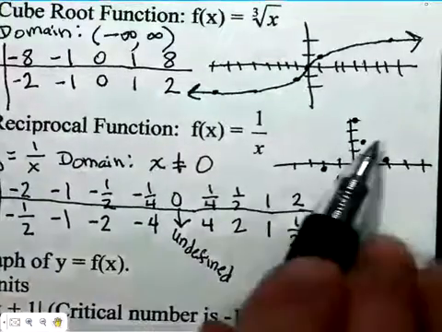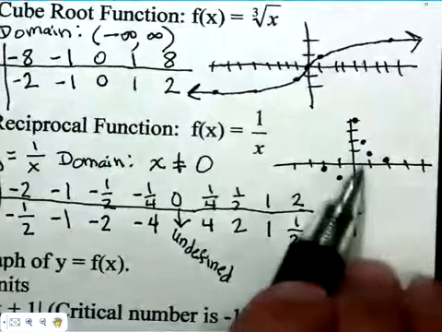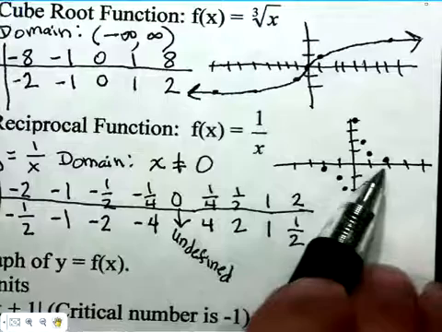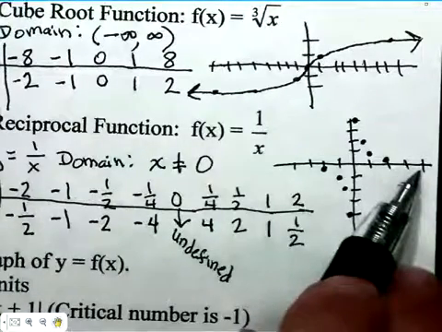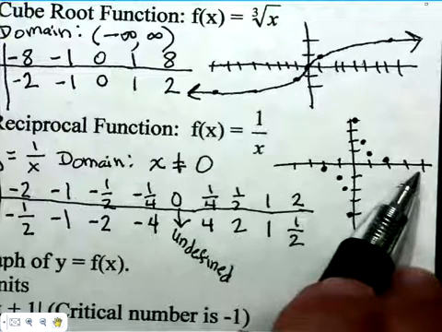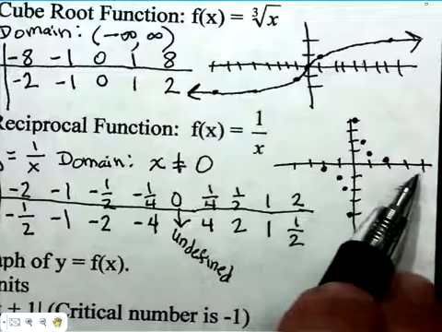Think about as my x's keep getting bigger and bigger, and I take the reciprocal. The reciprocal of 1 is 1, and then the reciprocal of 2 is 1/2, and then 1/3, 1/4, 1/5, 1/6, 1/10, 1/1000th, 1/1,000,000th. What's that getting closer and closer to? 0.